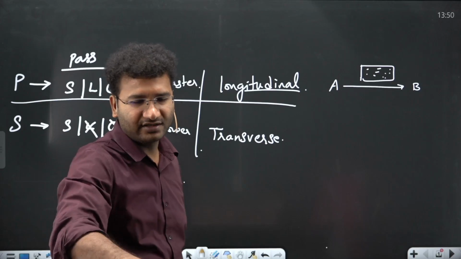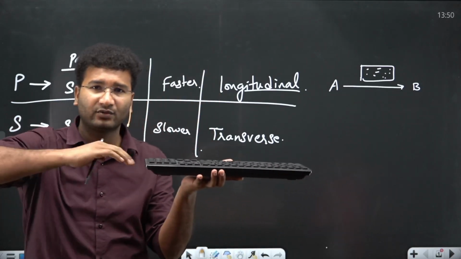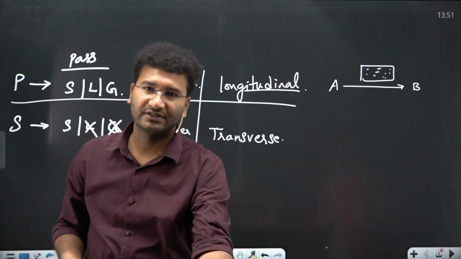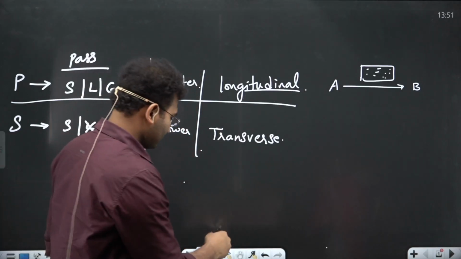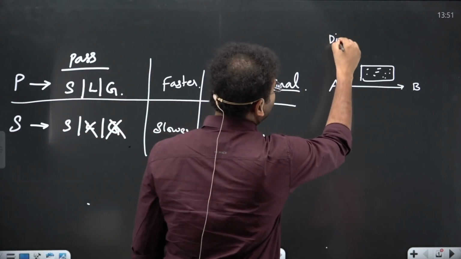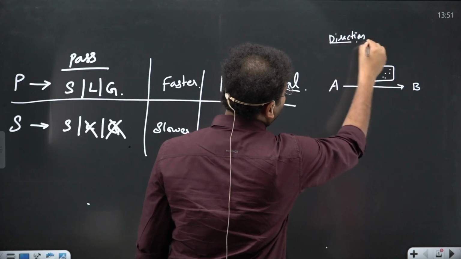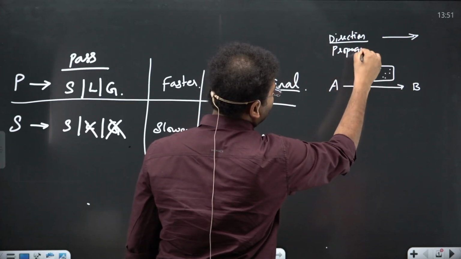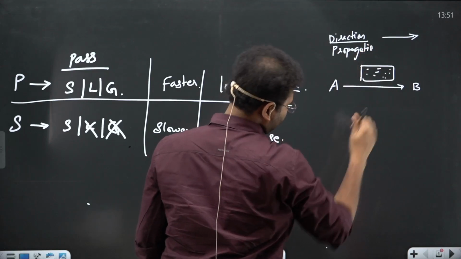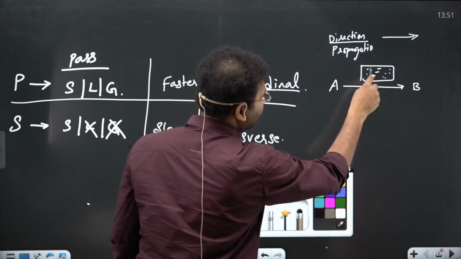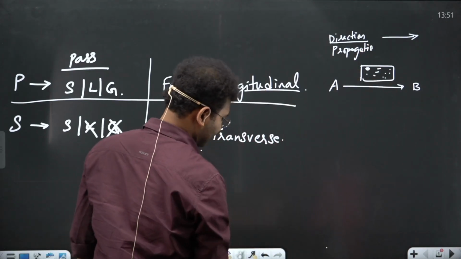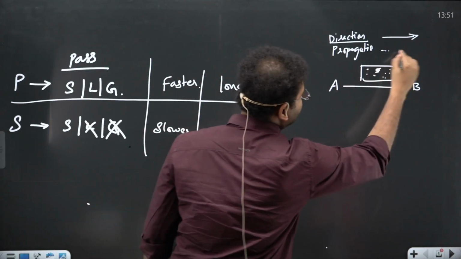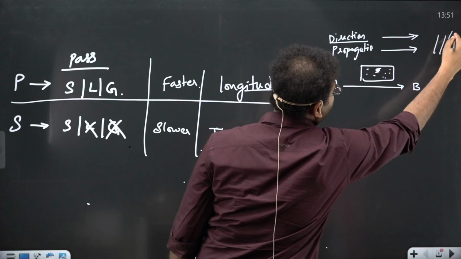Maybe imagine that I am sending a wave through this keyboard. How do the particles in this keyboard move? Here the direction is in this way. The propagation of the particles will also be in the same direction. So that's why we call it parallel. Are they parallel? Yes, they are parallel.